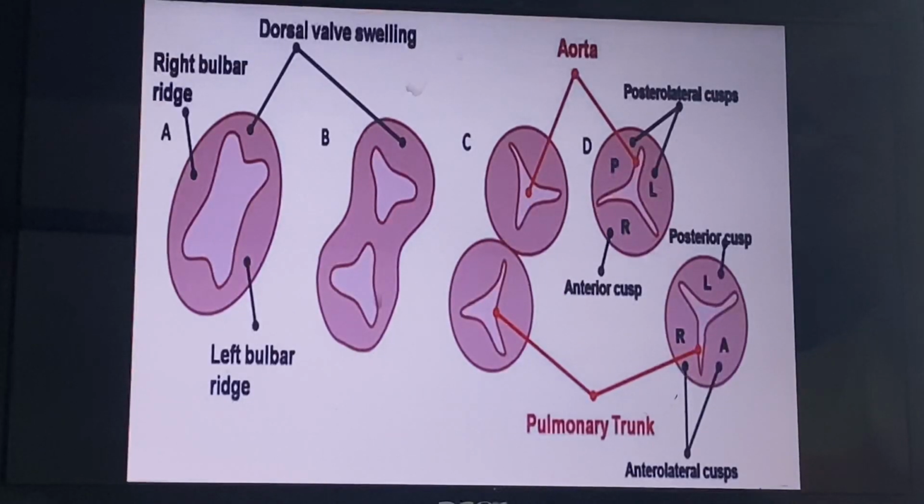You can see in the diagram that initially the cushions develop, right and left, then anterior and posterior. Then the separation of the truncus arteriosus happens because of the formation of the spiral septum, and after that the rotation happens. Once the rotation happens, the pulmonary trunk comes to lie on the left side of the aorta, and the cusps also rotate.